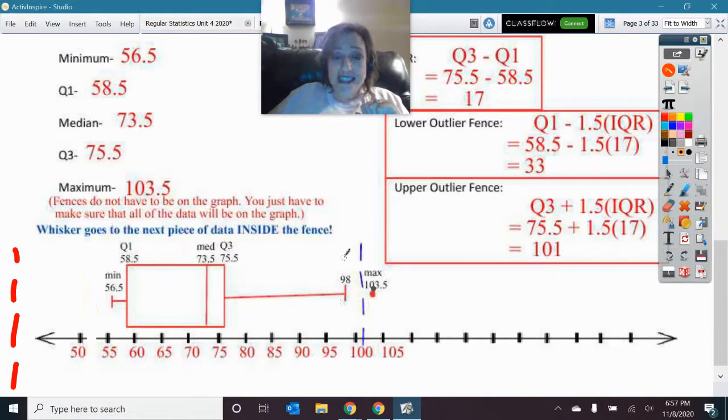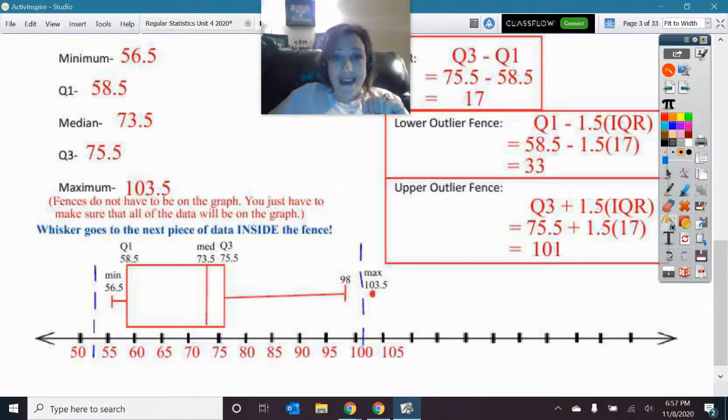I labeled it even though it's not the max, because it's a notable location: it's the end of a whisker. And then the max is 103.5. If you had multiple outliers, they're all notable, so you would label each one with its number.